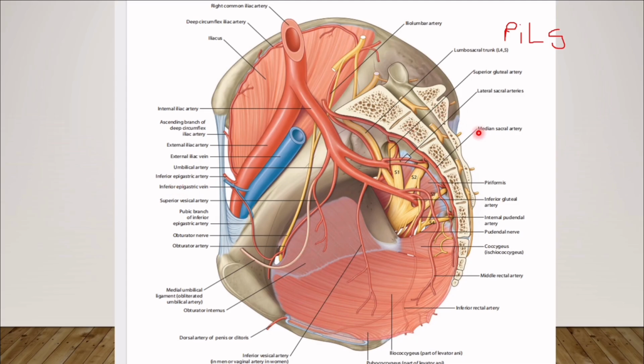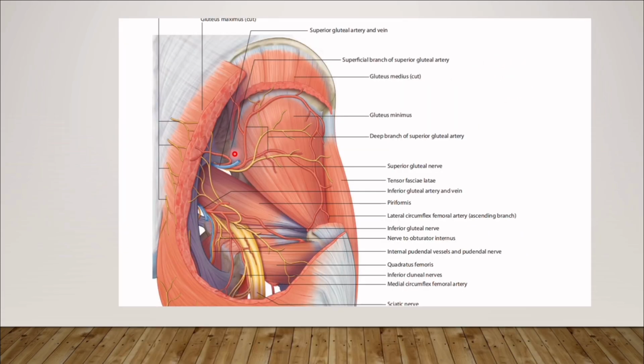Then before that, I just wanted to show you the superior gluteal artery. Okay, so the superior gluteal artery, this one, can you see that it's getting into the greater sciatic foramen, coming from the what? From the internal iliac artery to supply this muscle.